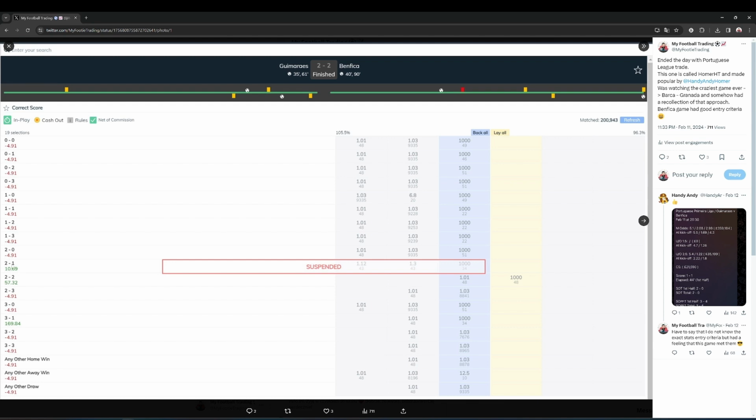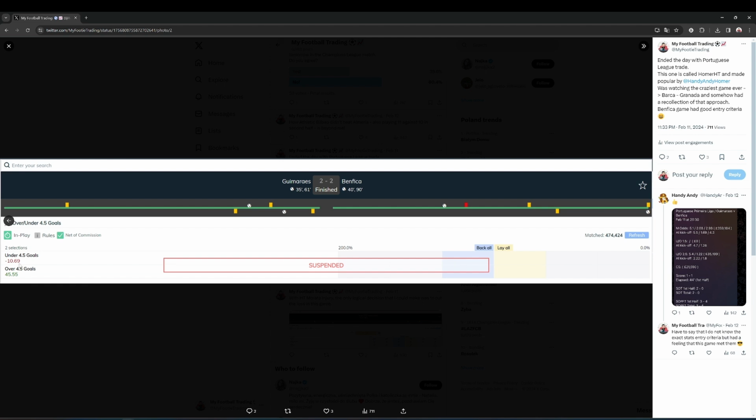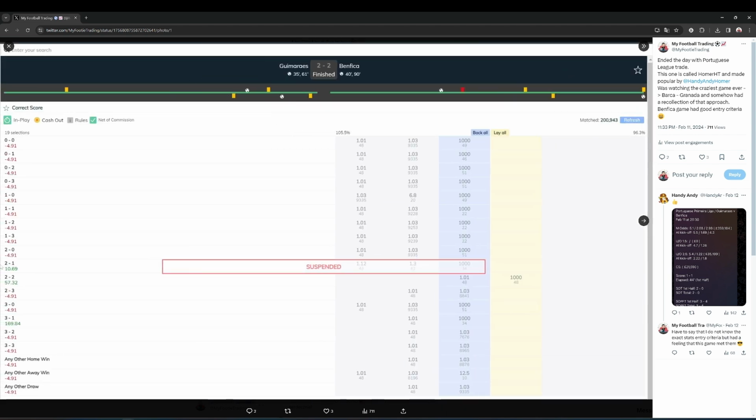Yeah, because here you can see 1069, and on this other market I had 1069 minus. So if it stayed 2-1, that would be a scratch trade, but then Benfica scored late and that secured the profit. There was also a red card for Guimarães, by the way, so 2-2 was a likely scoreline there.